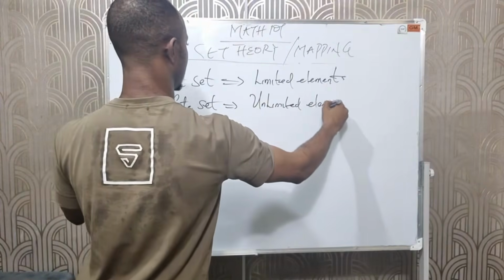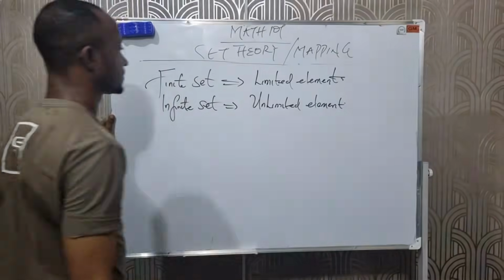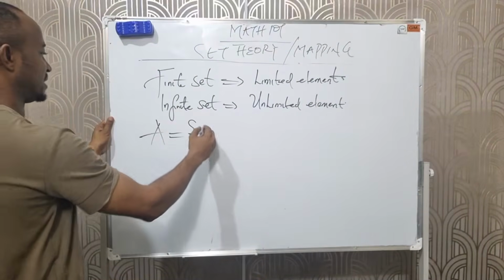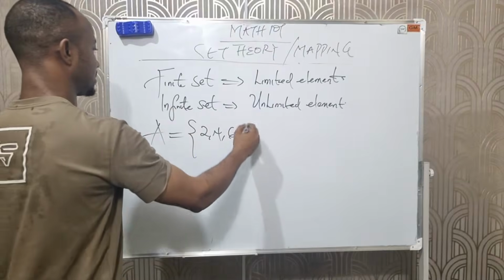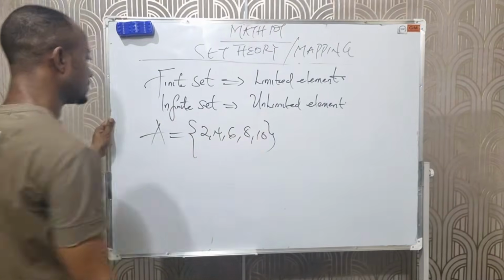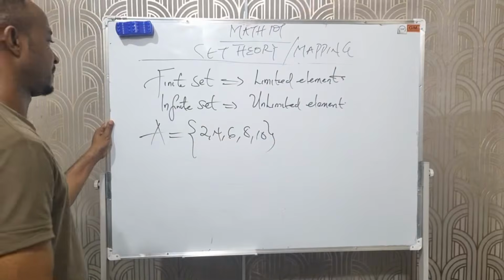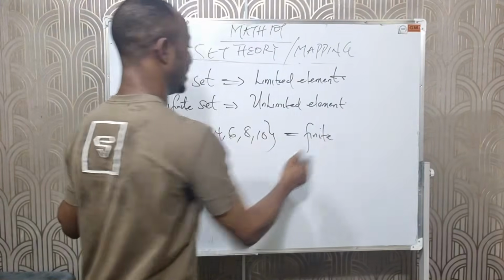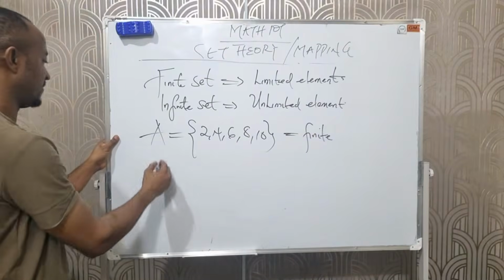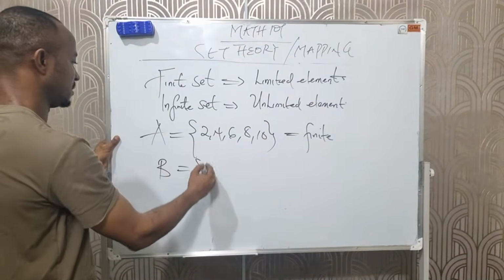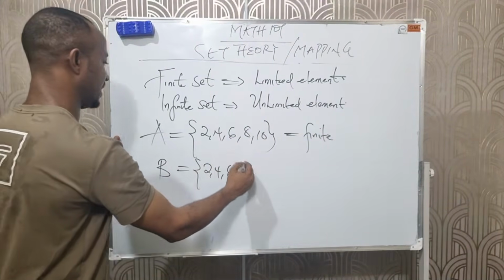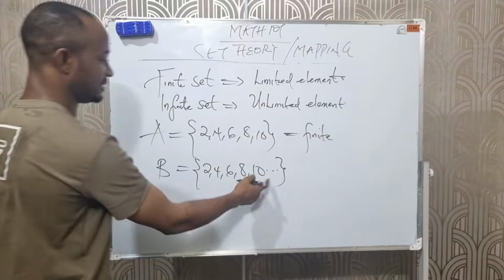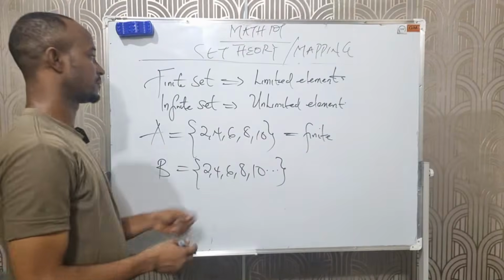Unlimited what? Elements. Okay, a good example: if A is represented like this, let's say 2, 4, 6, 8, and 10, here we have a finite set because we have limited elements. But if I have set B to be 2, 4, 6, 8, 10, then we have dots at the end of this. This means what?